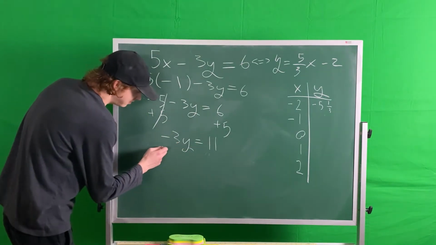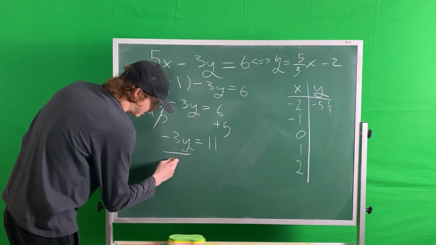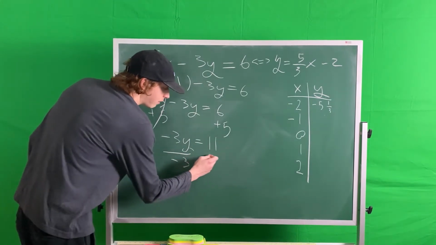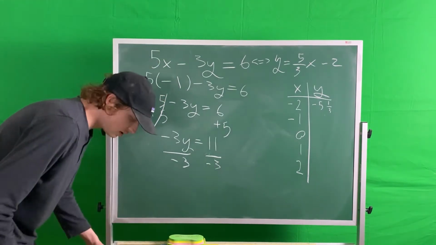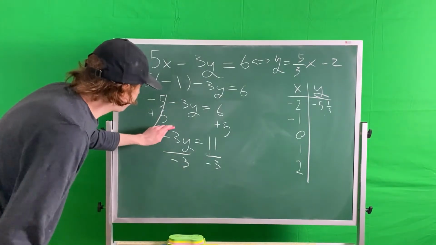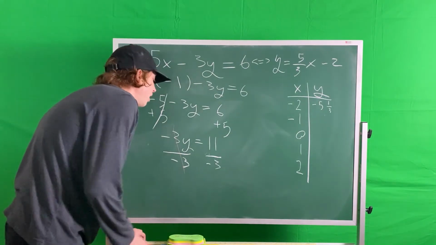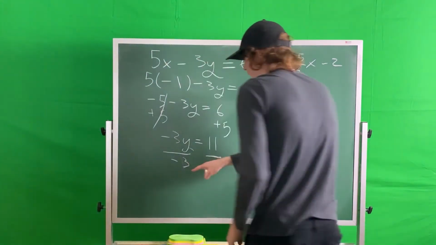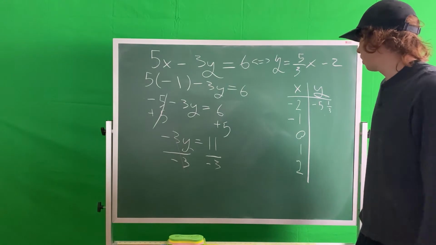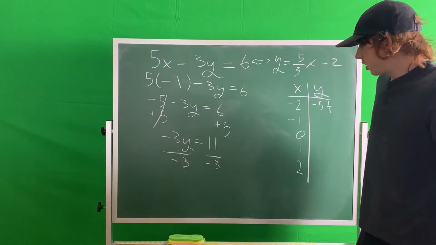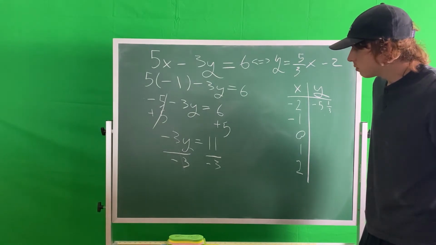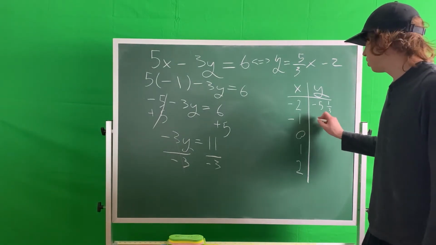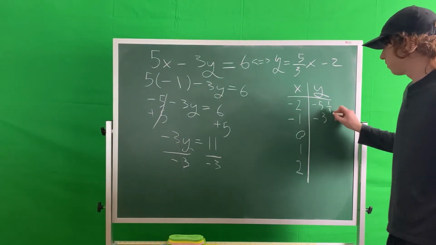Divide by negative 3 on both sides to isolate that y, and we are left with y is equal to negative 11/3, which is negative 3 2/3.